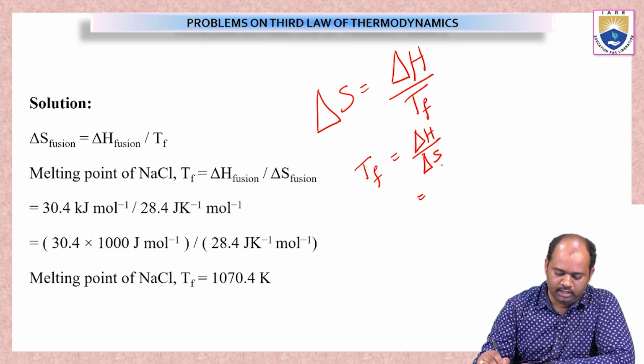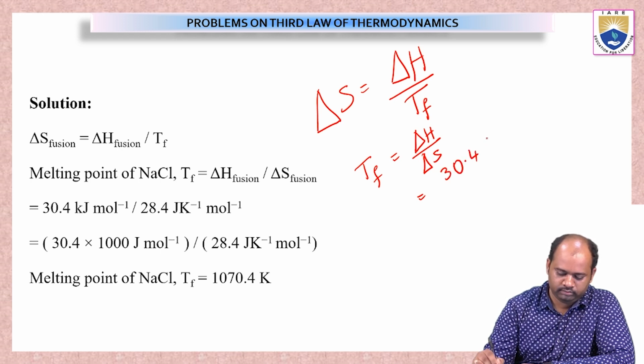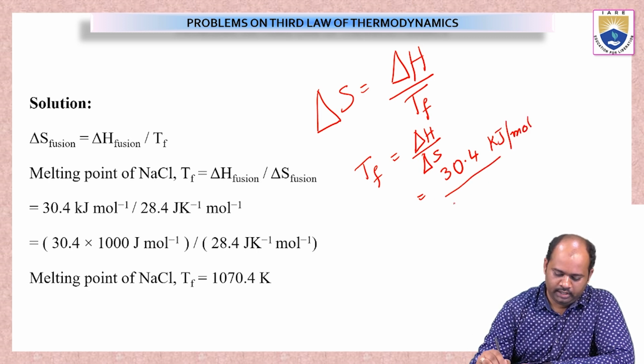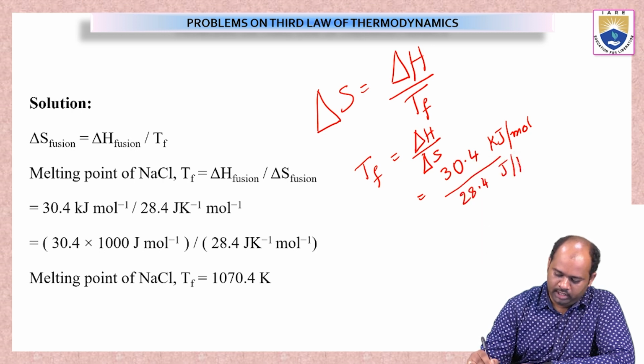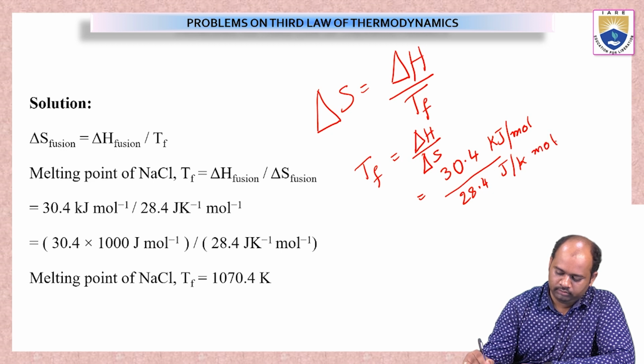See here, delta H is nothing but 30.4 kilojoules per mole, and the value of change in entropy is 28.4 joules per Kelvin per mole.